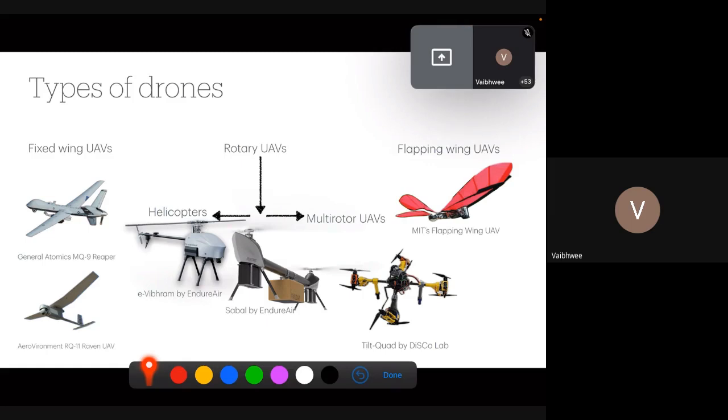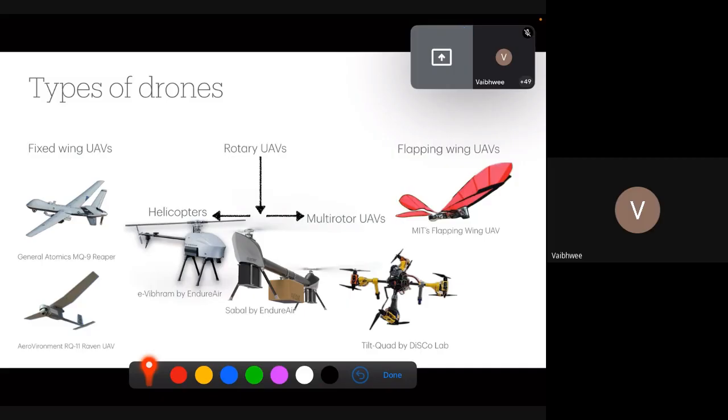Now the advantage of this is they can attain good camouflage where you don't want them to be distinguished from different birds, and they are a lot more agile and energy efficient, and they can be very light. The smallest flapping wing UAV that I know of, I think, is known as Hummingbird. It actually looks like a hummingbird and replicates the motion of how a hummingbird flies.